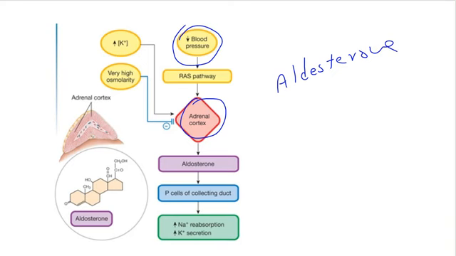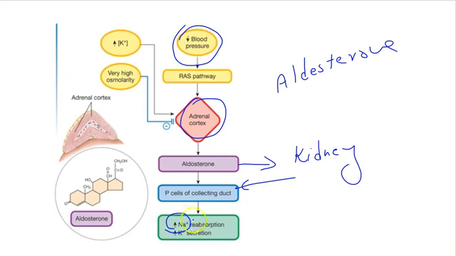So as you can see here in this picture, the aldosterone is released from the adrenal cortex, and then the target organ would be the kidney. It goes to the kidney, at the collecting duct it is going to increase the sodium ion reabsorption. We are going to send the sodium to the blood.